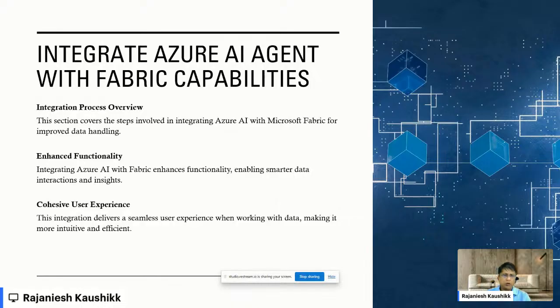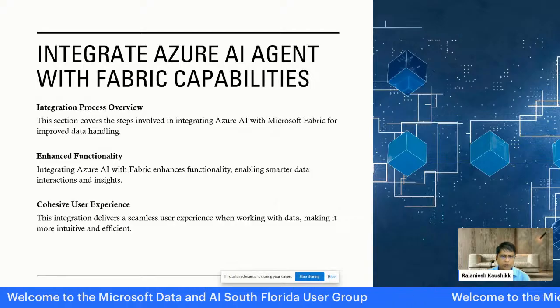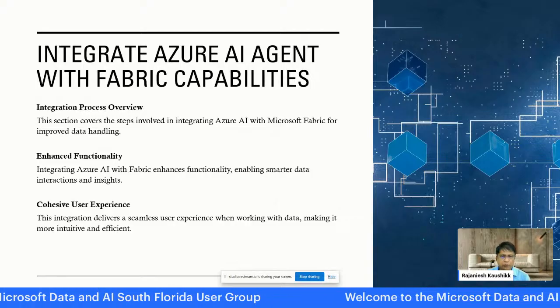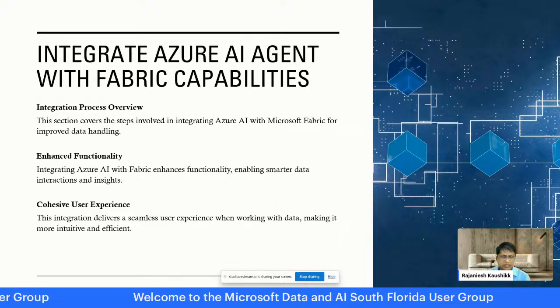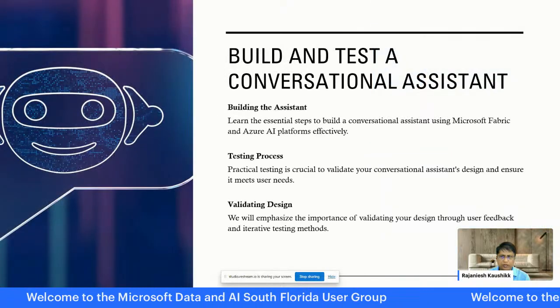Now, how do I integrate this Azure AI agent with the Fabric capability, right? Because if this tool is so powerful, then how do I make use of this tool to its fullest potential? So there is an integration process to integrate this tool. First of all, it provides a cohesive user experience and enhanced functionality, and this is what we are going to learn here.